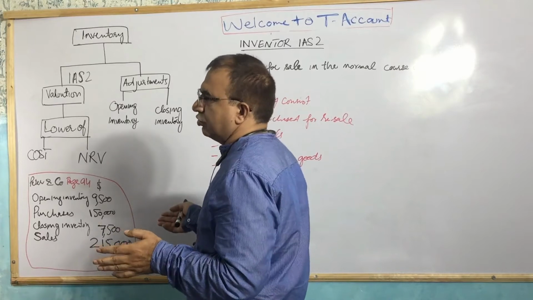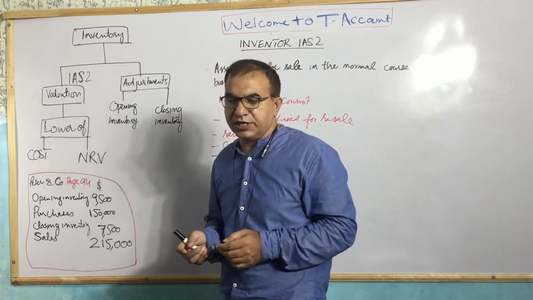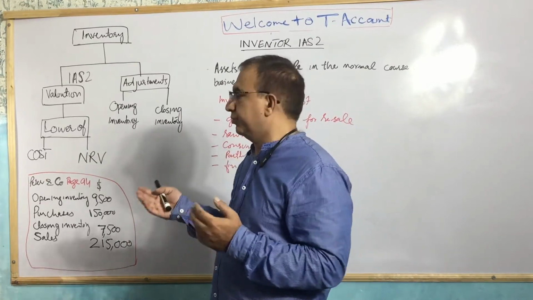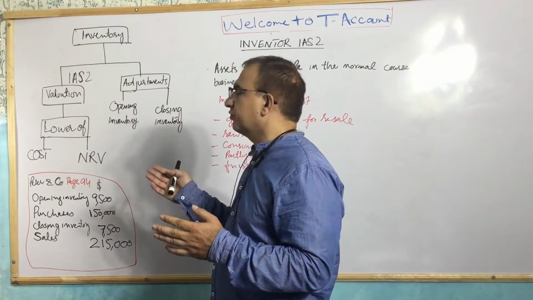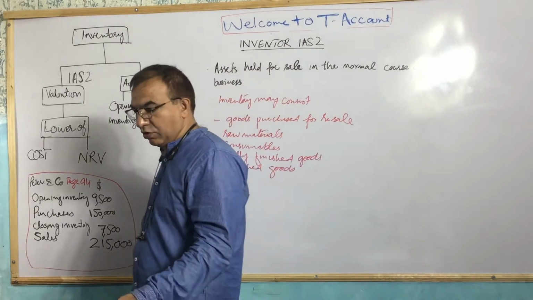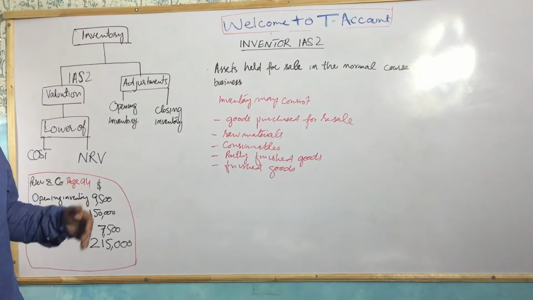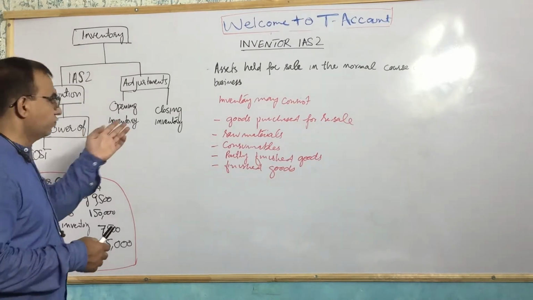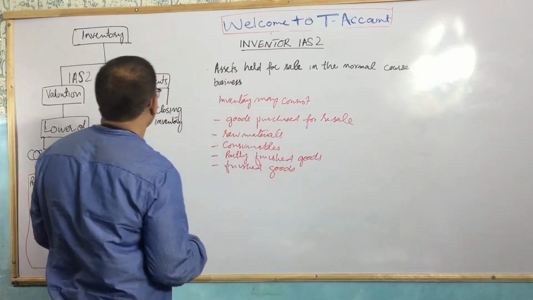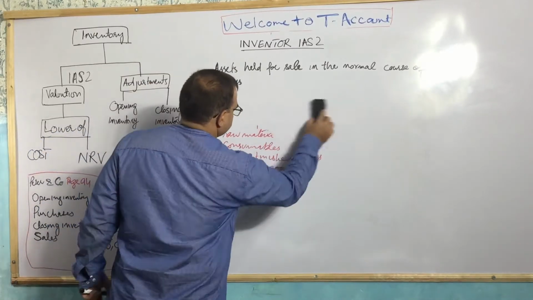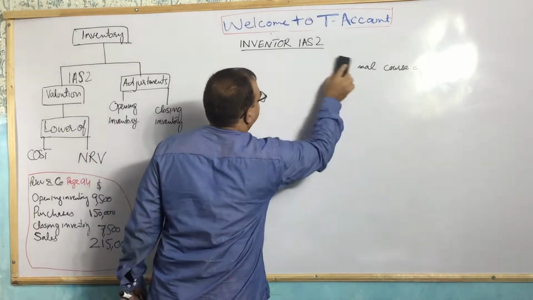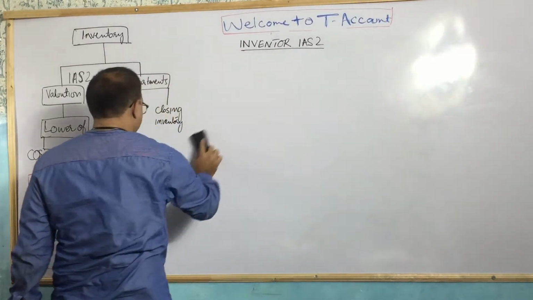In abnormal, non-routine circumstances, sometimes NRV falls below cost, so you need to value it on that. We'll discuss how to calculate NRV and cost, but first we'll deal with the practical part first, the things that can be tested in the exam. I'll focus more on those things.